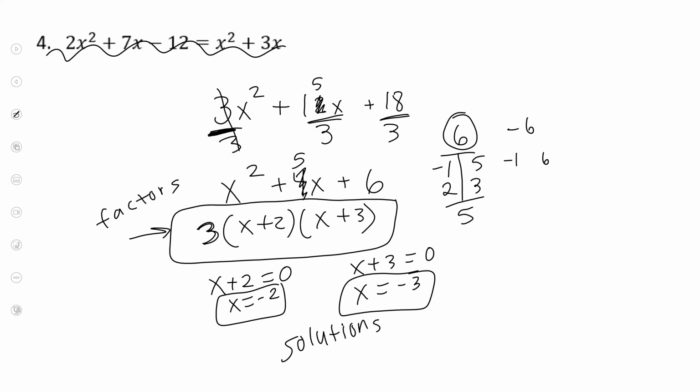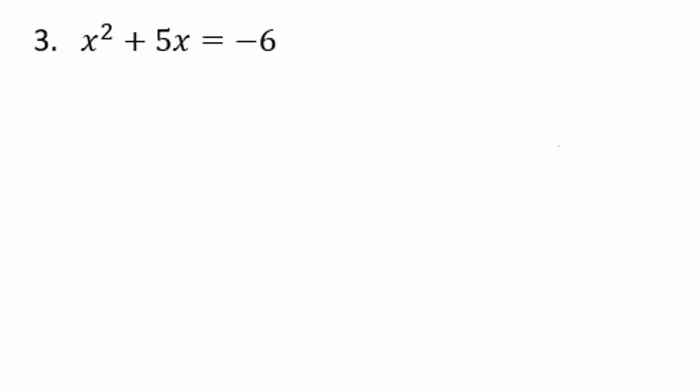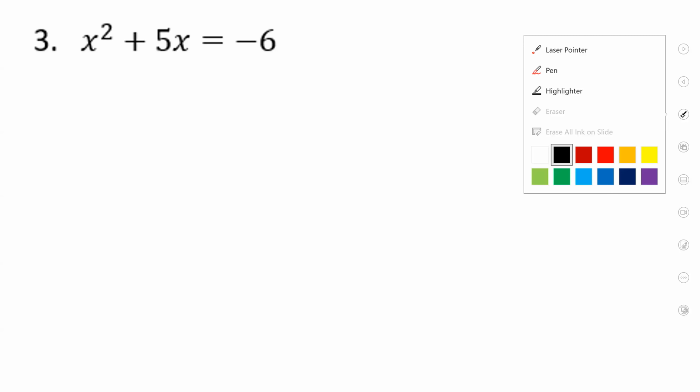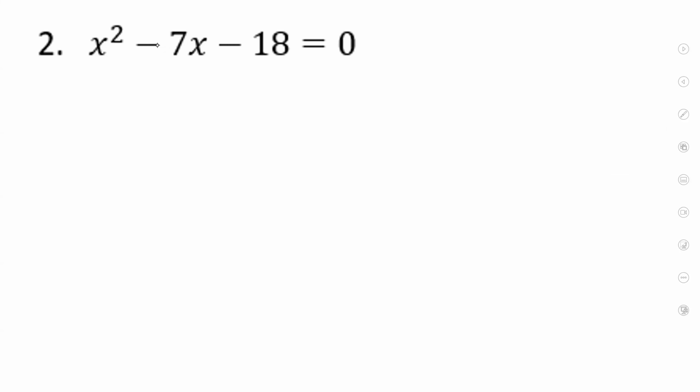Okay, all right, I'm going to end here. One thing that I want to add, it's a question that I get a lot, is how do I know what two numbers will multiply to something and add to something else?